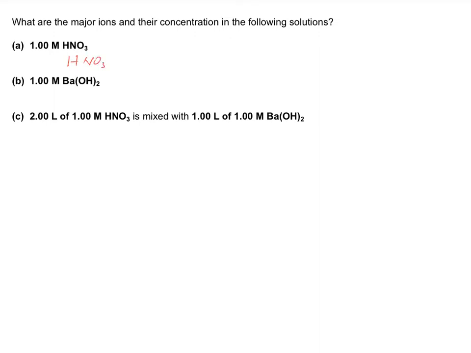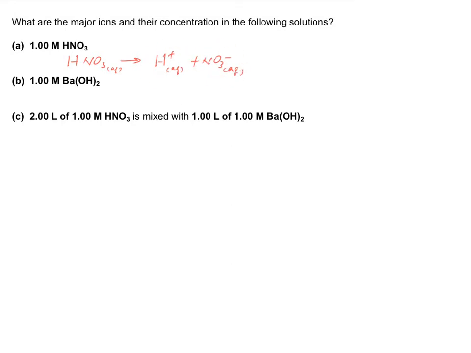HNO3 will dissociate in aqueous solution to proton, H plus, and nitrate ion, NO3 minus. Therefore, in this case, the major ions are proton H plus and nitrate minus.